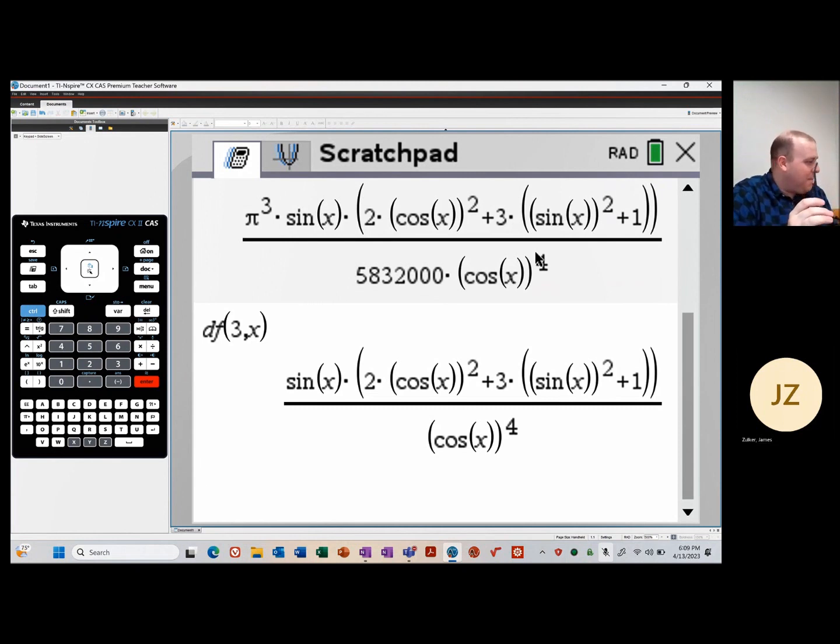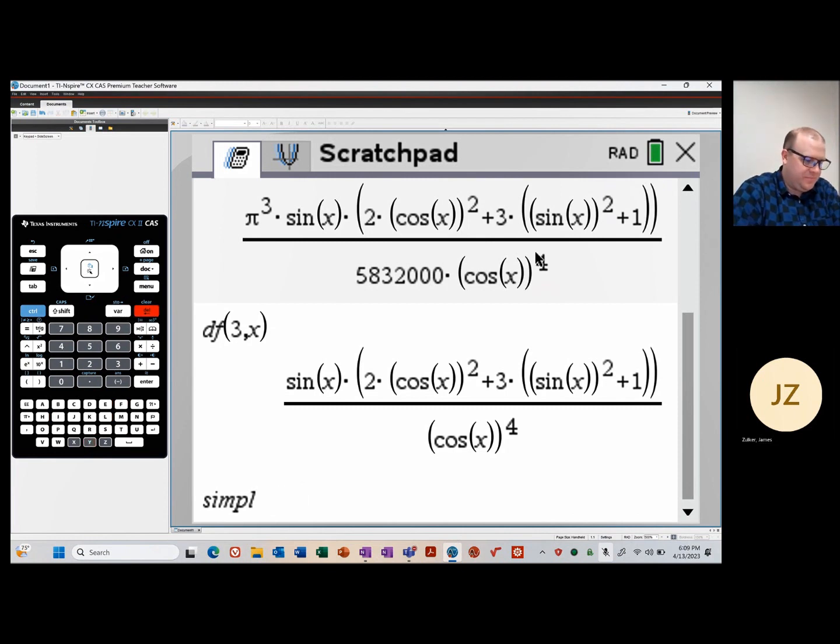Now, here's the problem. It's giving it to me in terms of sines and cosines. I don't like that one bit. No, I guess that's a Mathematica command only. What is it? Simplify.